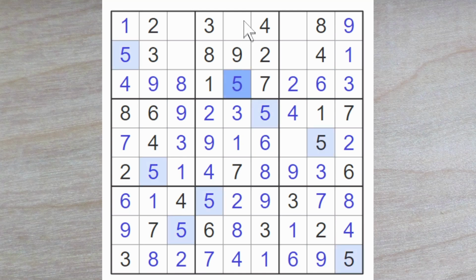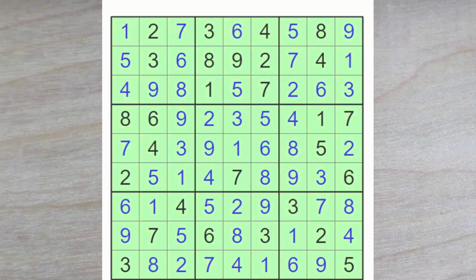This is therefore a 5, and this is a 6. And this therefore must be a 5. This must be a 7, making this a 7, and this must be a 6. 1 square to go. I hope that I got this right. And it's an 8. Yes, I got it right.